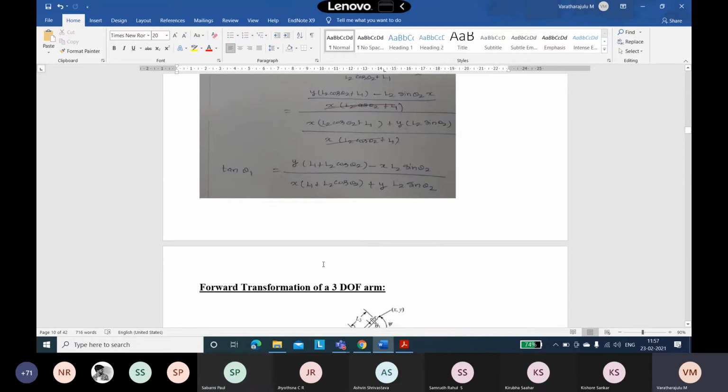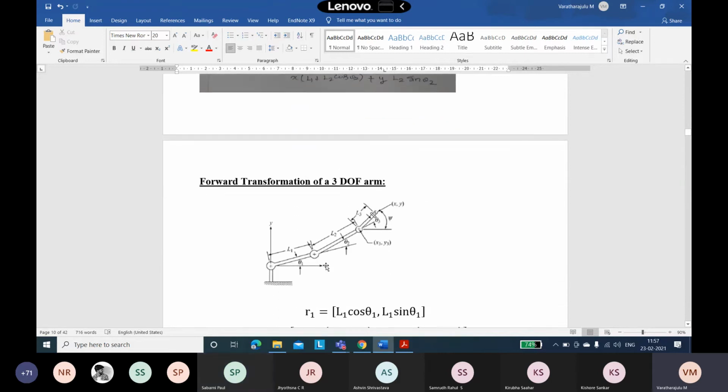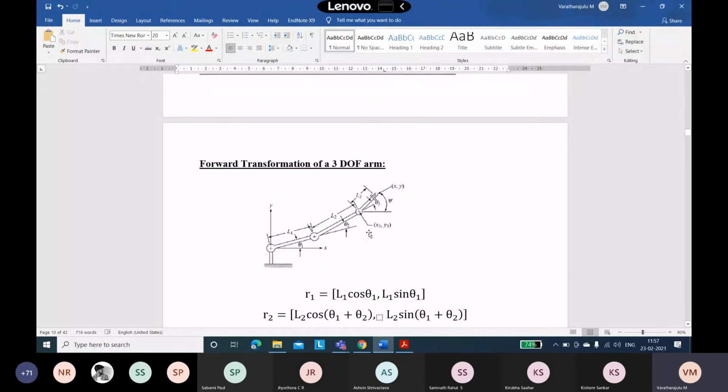Okay. I am adding one more degree of freedom to the past. Already we have 2 degrees of freedom. Here I am adding one more joint and link.